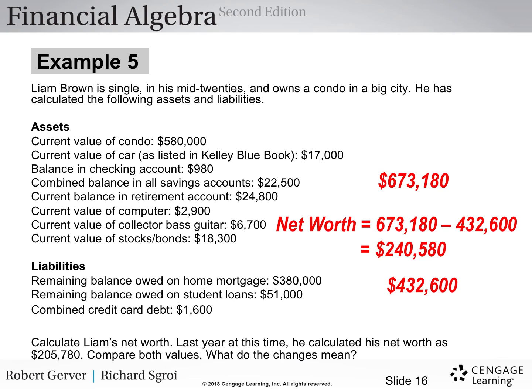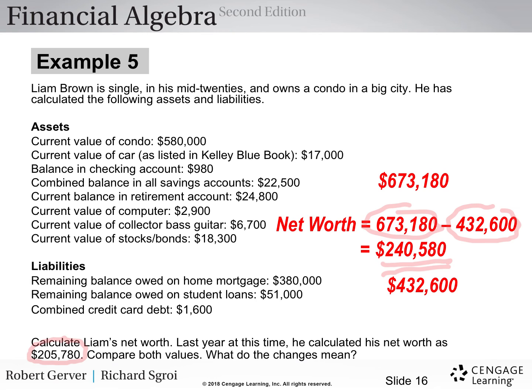We should be able to figure out his net worth. So his net worth is simply the total value of his assets minus the total value of his liabilities, and he comes out with, in this case, $240,580. Now, this compares with what he was worth a year ago, which was $205,780.